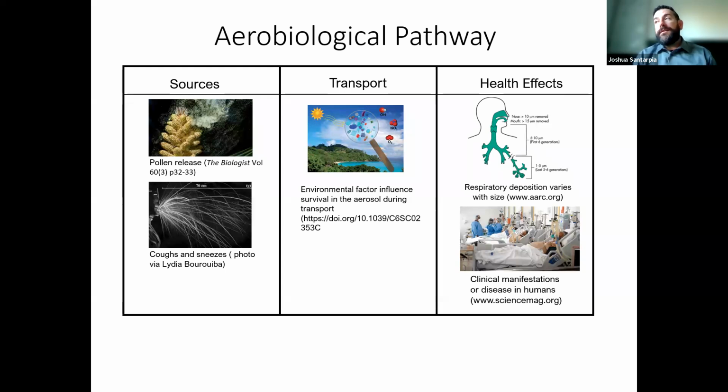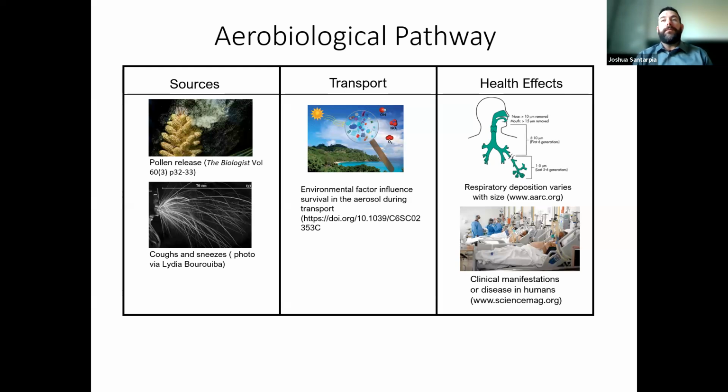And many environmental factors, in fact some of the same ones that are studied as part of trying to understand atmospheric chemistry or impact on the cloud cycle, also impact the disease-causing microorganism on its way to the human, which is the health effects side, or the third portion of this aerobiological pathway, where the organism, if it's a stable one, survives the transport and has some impact on the human after inhalation.